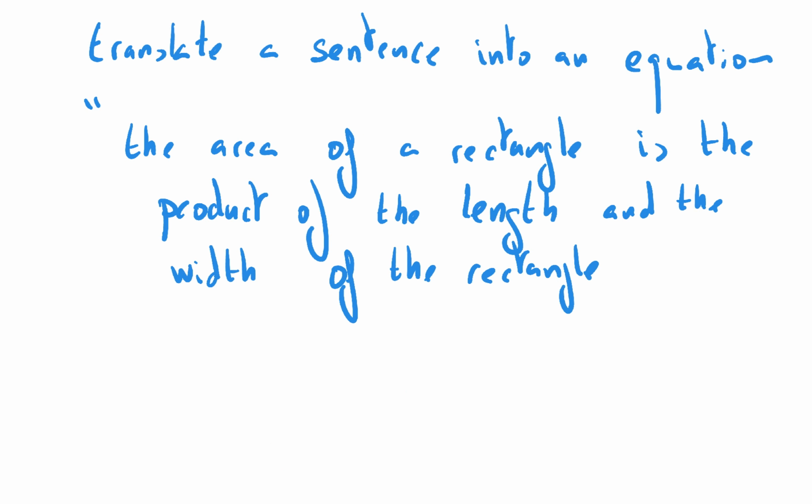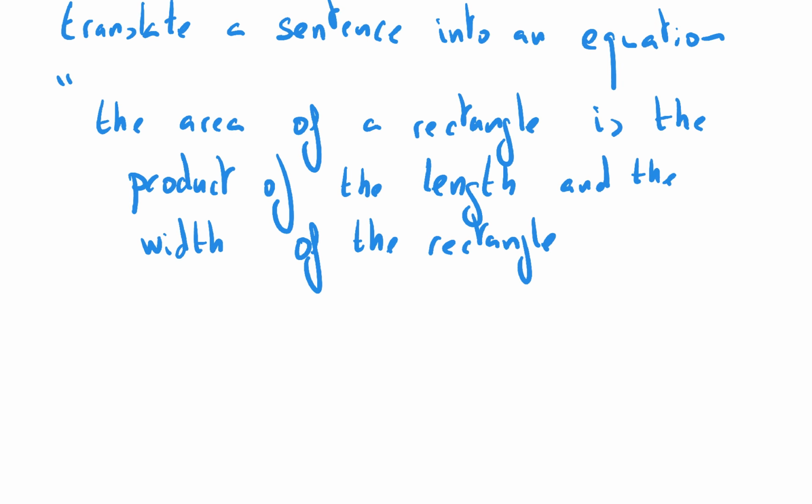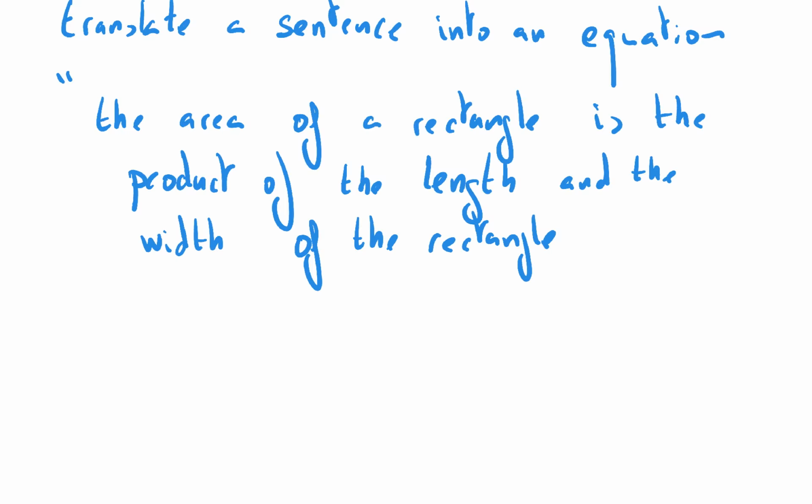And another equation, let's translate this sentence into an equation. The area of a rectangle is the product of the length and the width of the rectangle. So we need to identify the variables. Let's make a small picture. So this is a rectangle.